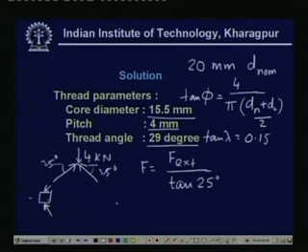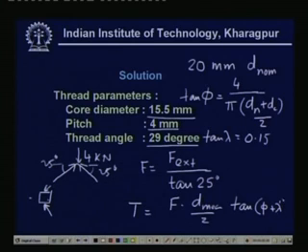And when we have one thread, one bolt, then the torque is given by F times d, again dn plus dc by 2, that is the d mean by 2, and tangent of phi plus lambda dash. Now, for the acme thread, you know tan lambda dash is nothing but mu divided by cosine of theta by 2, that is 29 degree by 2, and when you calculate that, you get the value of the torque.